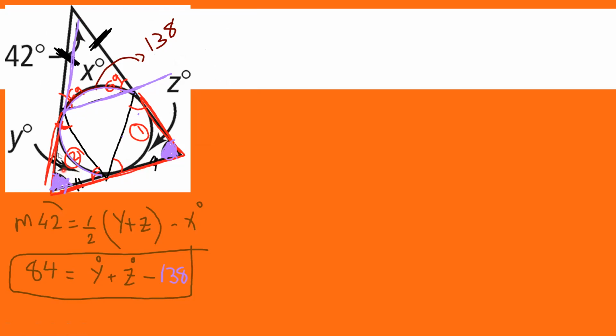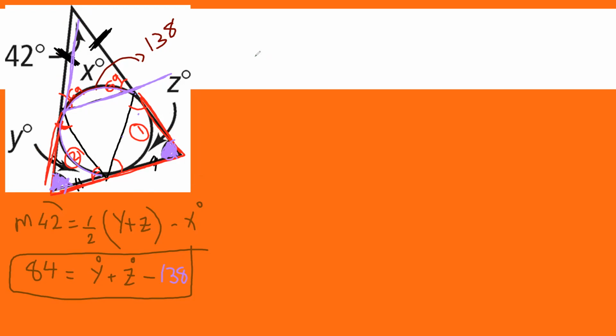And if we suppose that the big triangle is an isosceles triangle, if the measure of this one here equals the measure of this side here, and these two are equal, then we can assume that the big triangle is isosceles.